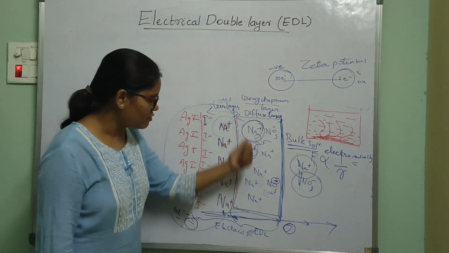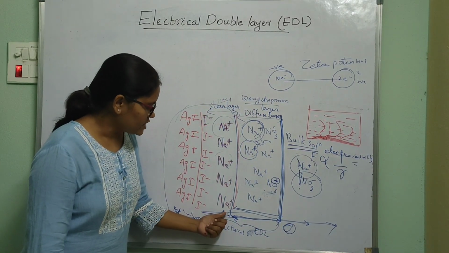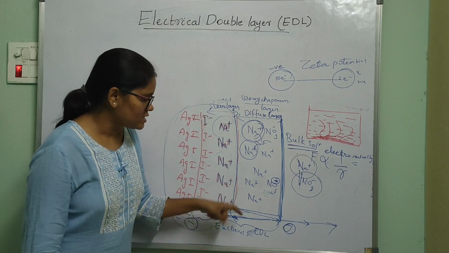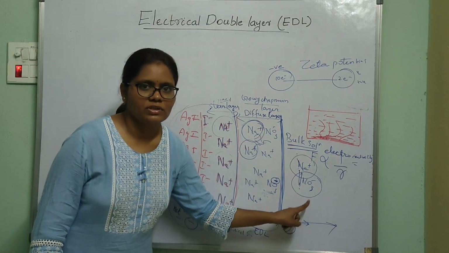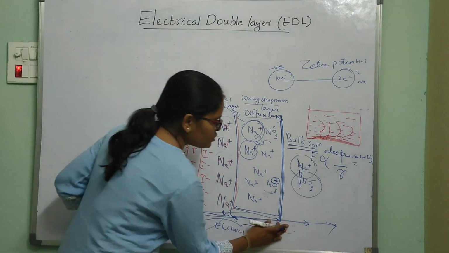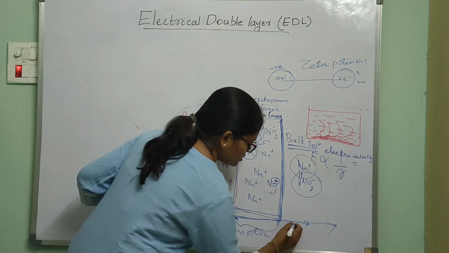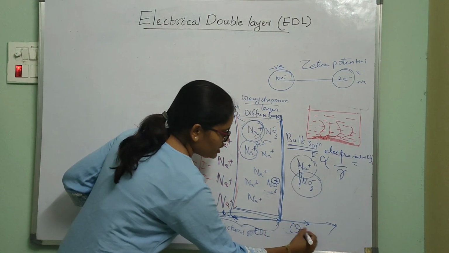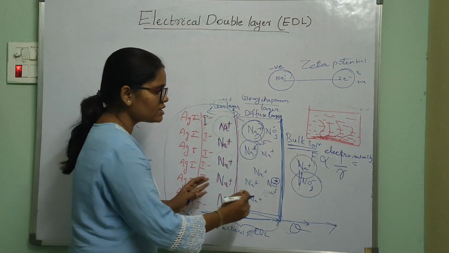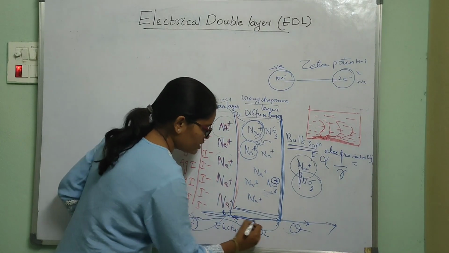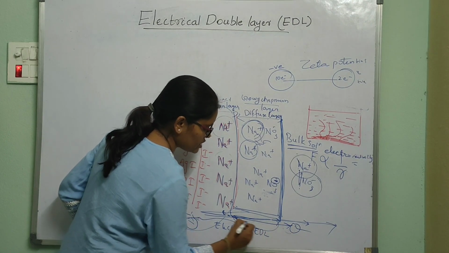So here you have net negative charge including the colloidal particle and Stern layer, and as you move towards the right in the bulk solution, you will have zero charge, no charge. So this side is more positive, this side is more negative. So when there is a difference of charge, there will be potential generated.